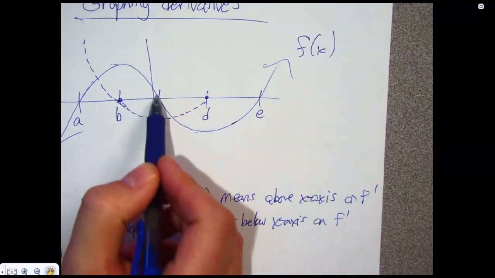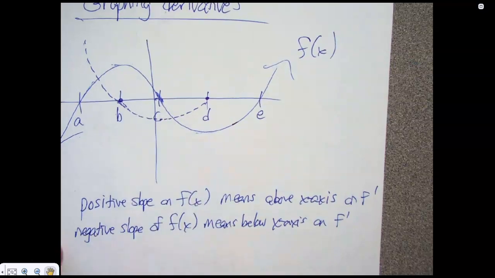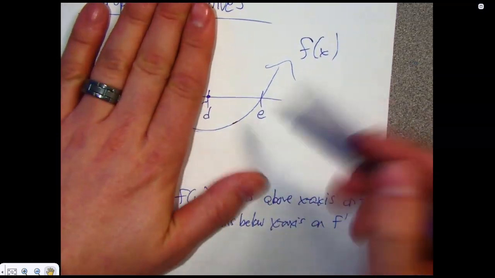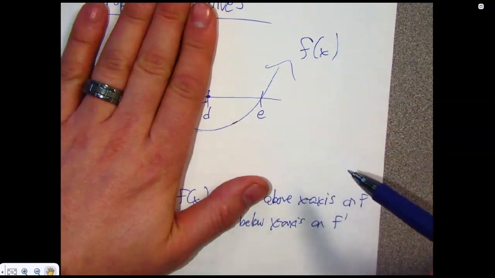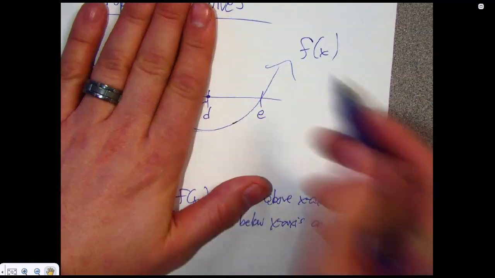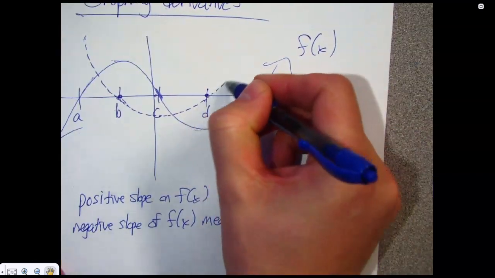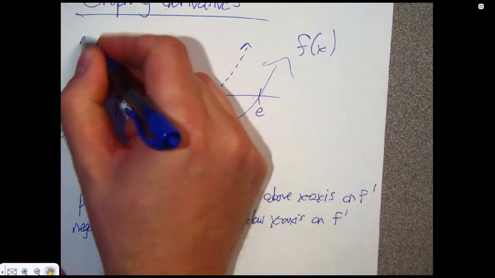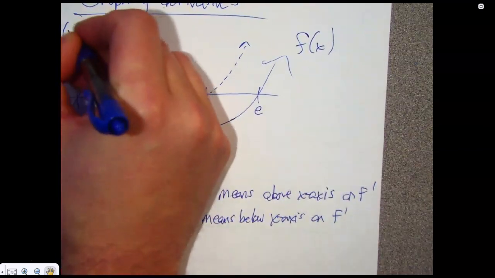Because that is the most negative that the slope was during that little section. And then over here is your slope positive or negative? Positive, and is it getting bigger or getting smaller? Bigger. So my y values of the derivative need to be positive and getting bigger. And that dotted line would be like your f prime of x.